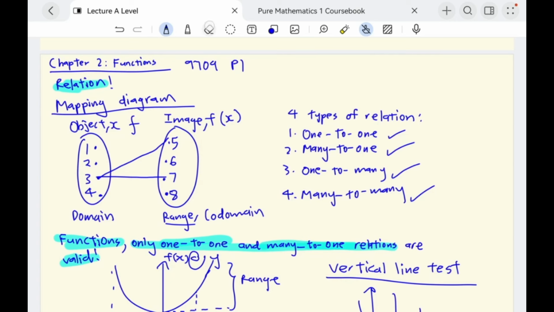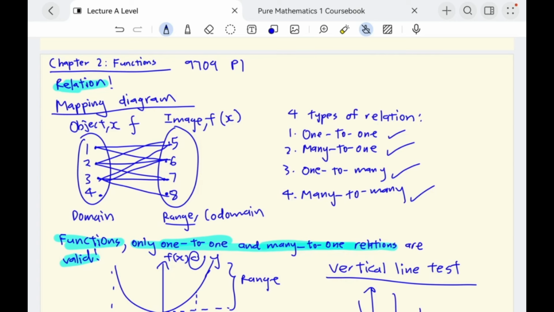But what is many-to-many? Many-to-many seems complicated. That means from 1, let's say, it can produce 5 and 6. For example, 2 can produce 5, 6 and 7, and 3 can produce 5, 6, 7, 8 like that. So this is known as many-to-many.